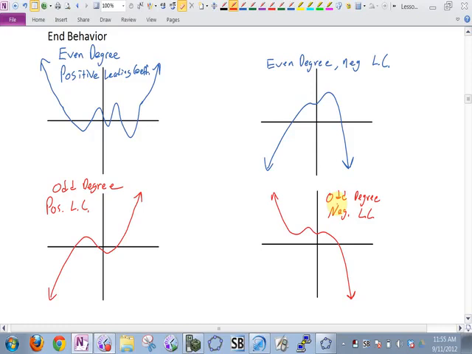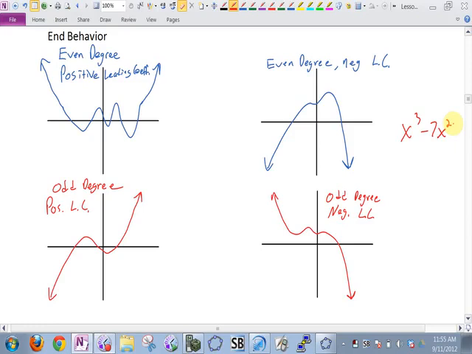If I have x cubed minus 7x squared, when my inputs become massively large, huge, well, when I cube a huge number, what do I get? An even huger number. When I square a huge number, what do I get? Relatively speaking, a teeny tiny number.